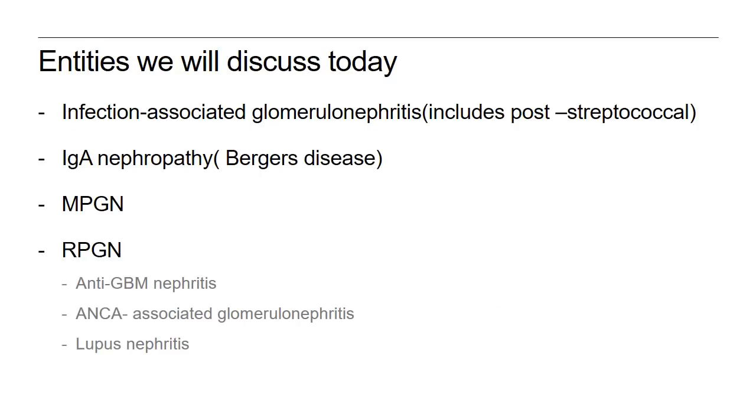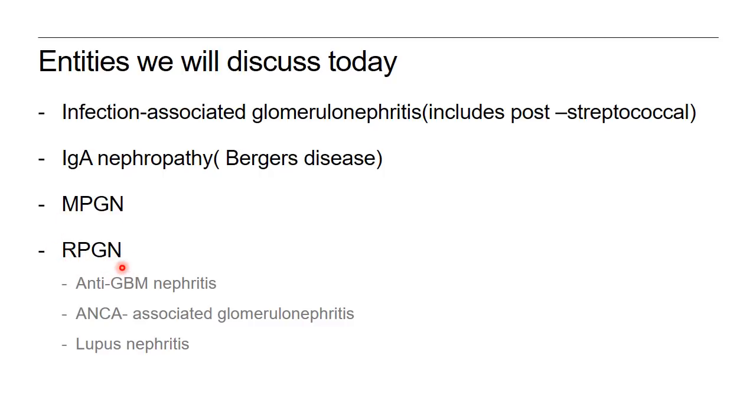The entities that we discuss under this are infection-associated glomerulonephritis, which includes post-streptococcal glomerulonephritis, and IgA nephropathy, which used to be called Buerger's disease. There are two other patterns of injury, that is MPGN, membranoproliferative GN, and RPGN, that is rapidly progressive glomerulonephritis.